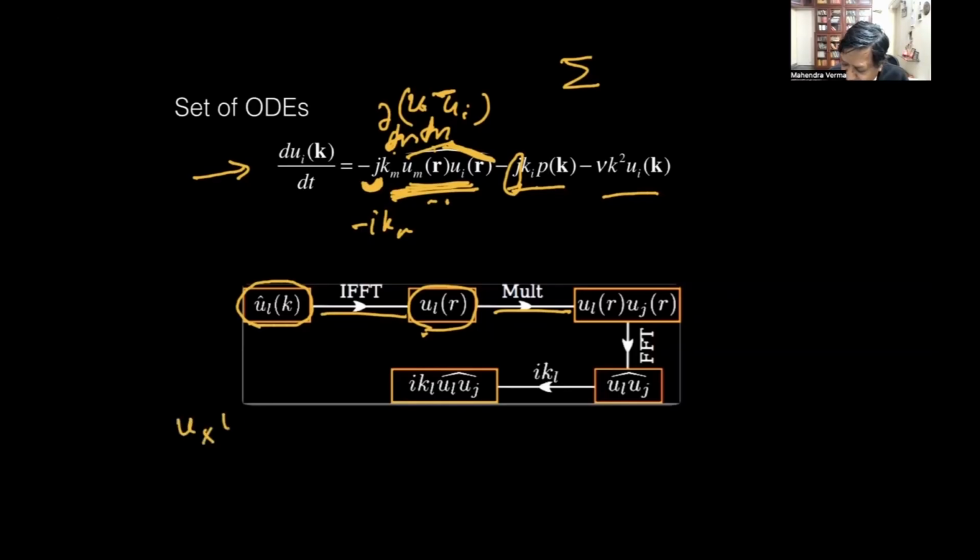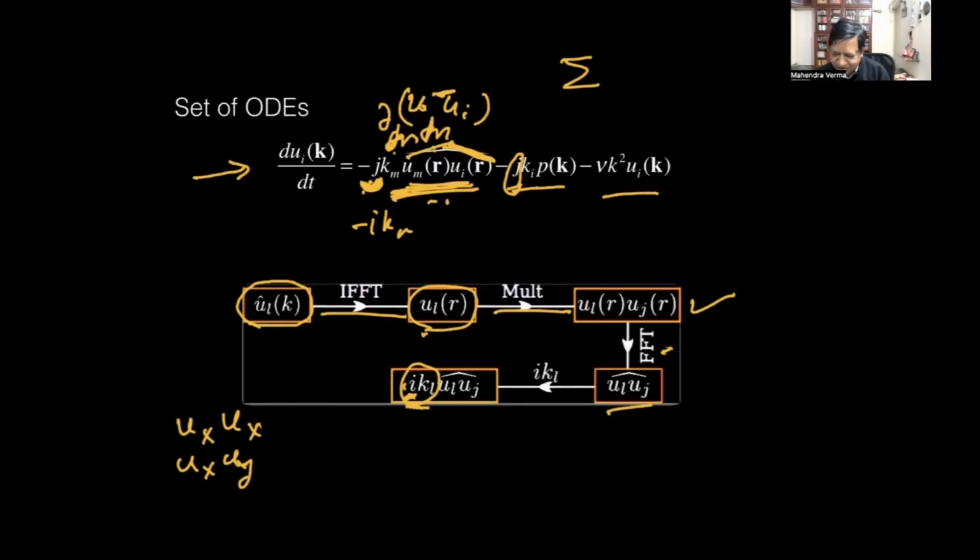So you'll have something like UX UX, UX UY, UX UZ. So there are 6 combinations, and that is sitting here. Perform the fast Fourier transform of this, so I'll get that, and multiply by this stuff. Okay, i kl. I mixed up i with j. So this is the square root of -1 in front. Okay, so this is the trick to compute the nonlinear term, and it's all done.